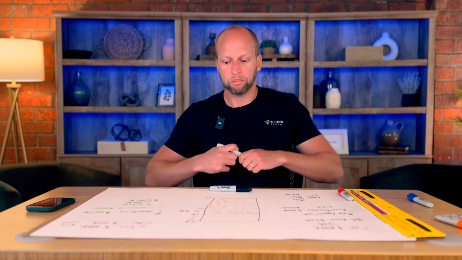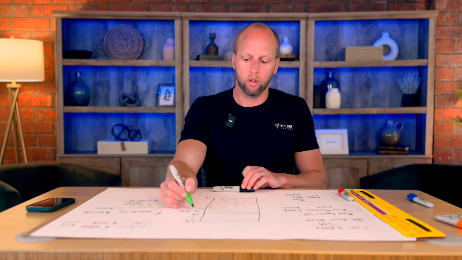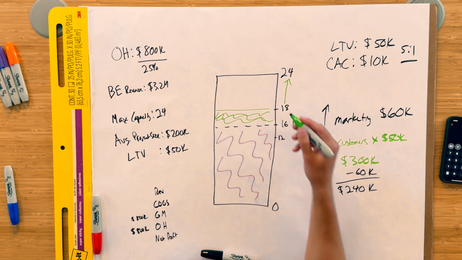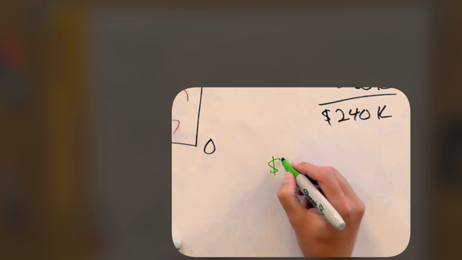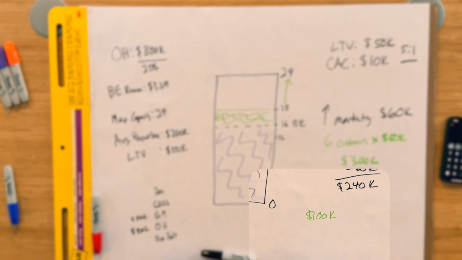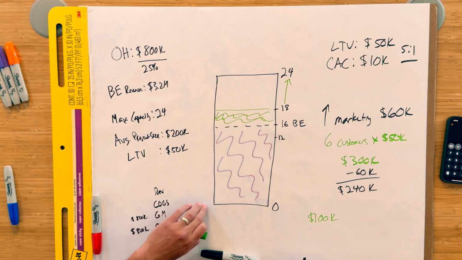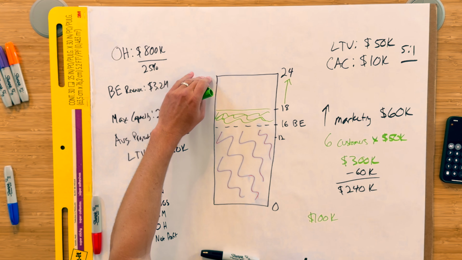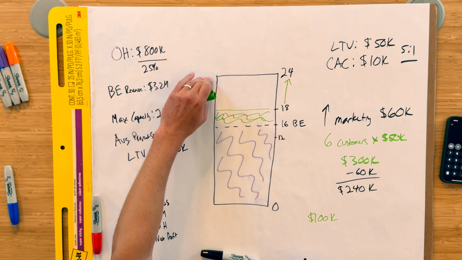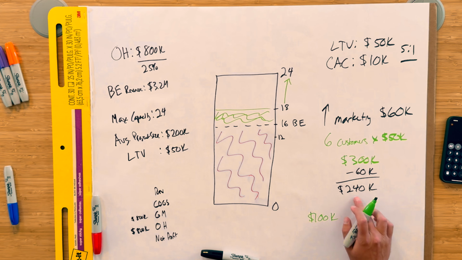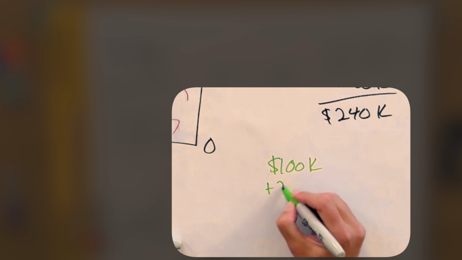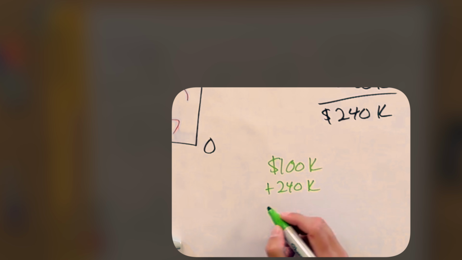Now, if you remember, in this current scenario, we were at 18 projects and we were at $100,000 in total net profit for this business. By adding 6 more projects, getting up to the profit maximization zone, we added another $240,000.